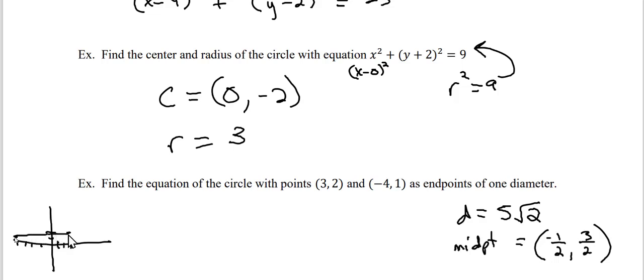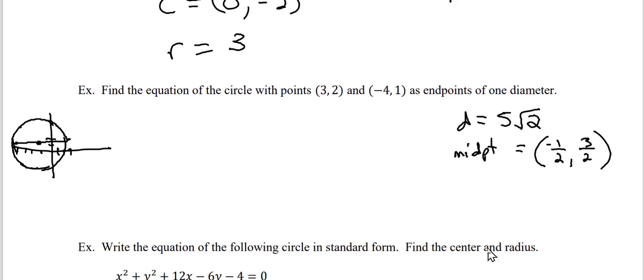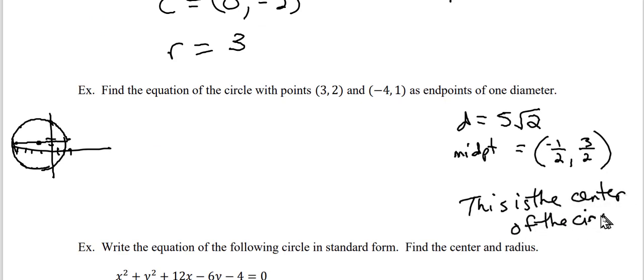If these are endpoints of a diameter, that means we have a circle here, right? The center, because a diameter always goes through the center, is the midpoint. This is the center of the circle.